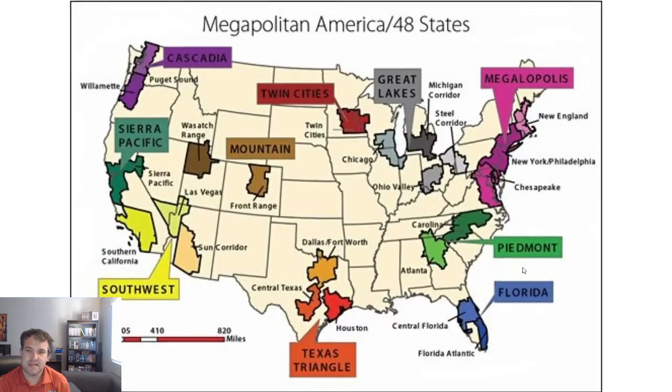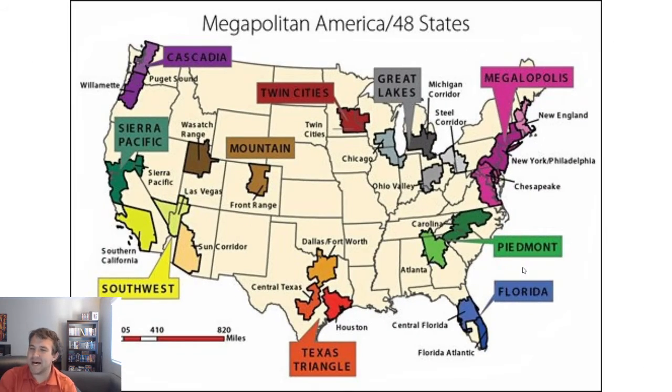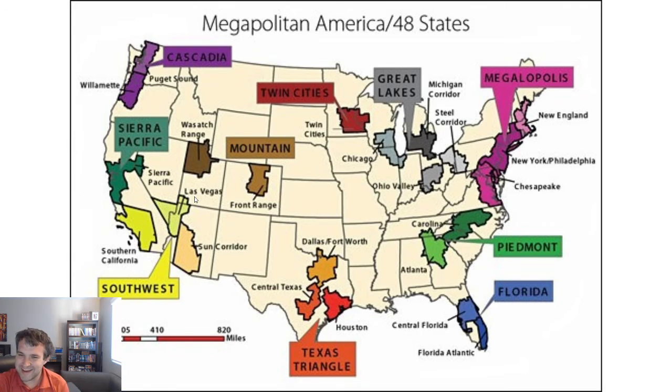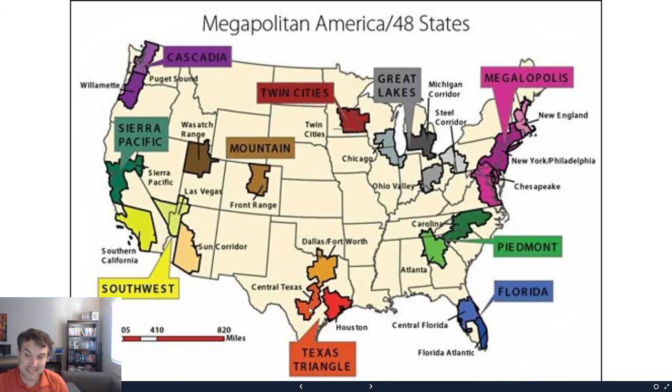All right. And then the megapolitan areas of the United States. So, of course, the true Megalopolis is the one I just identified, but here are some other megapolitan areas. Isn't that cool? They gave Las Vegas a megapolitan note. I didn't even think that. But what I know nowadays is the Texas Triangle is way more filled in.